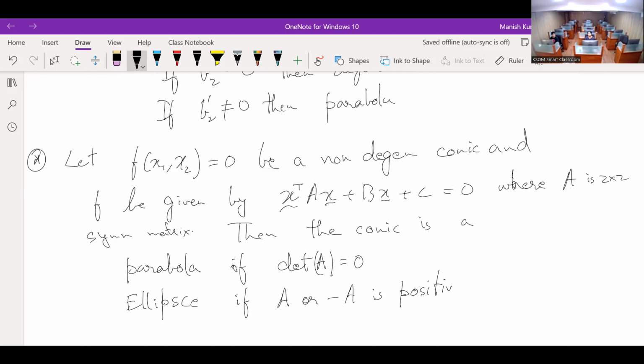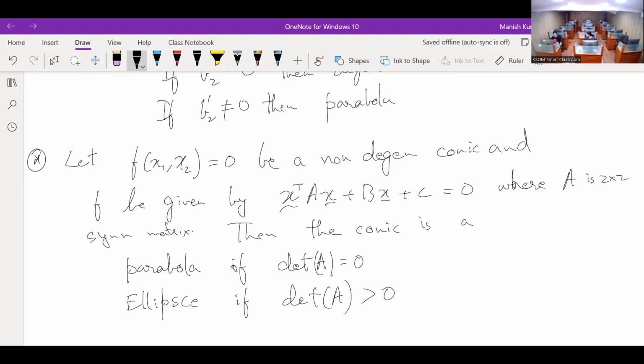Yes, we can also say it this way. Just by looking at the sign of the determinant, that is even better. Determinant of A is positive.